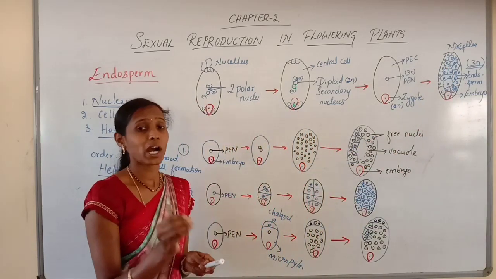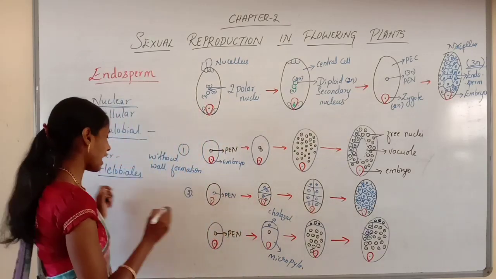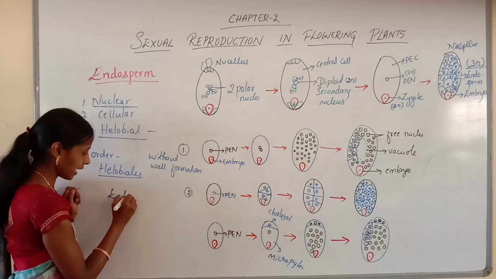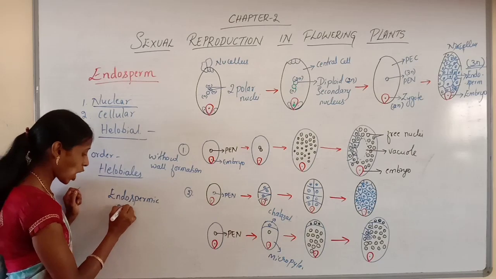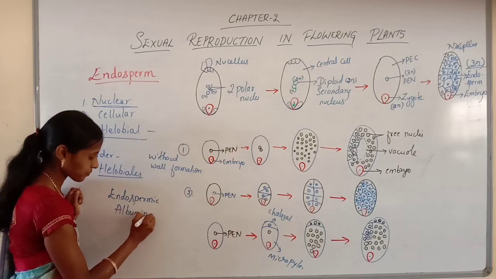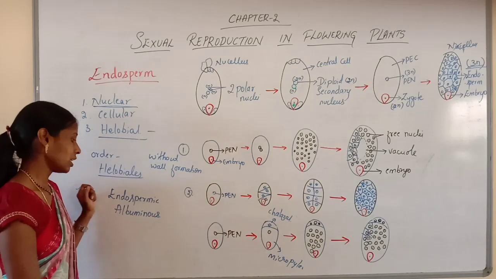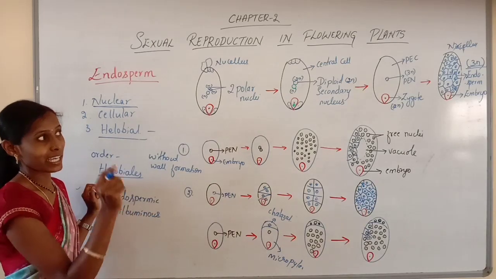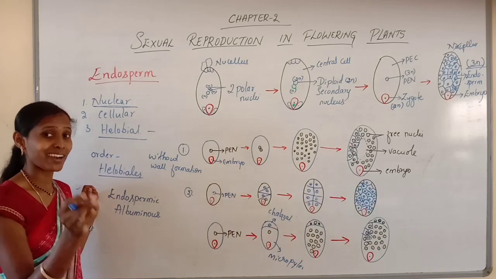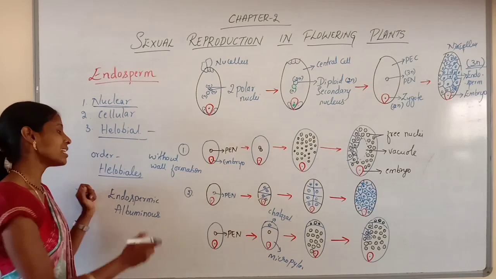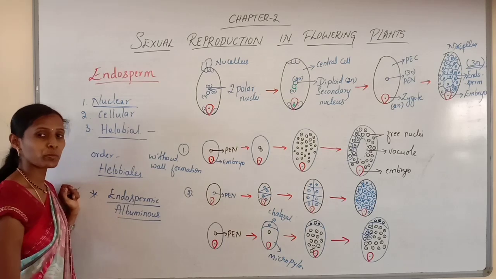If the endosperm remains in the seed of certain plants, such a seed is called an endospermic seed, or albuminous seed. You may have studied this in your first PUC.